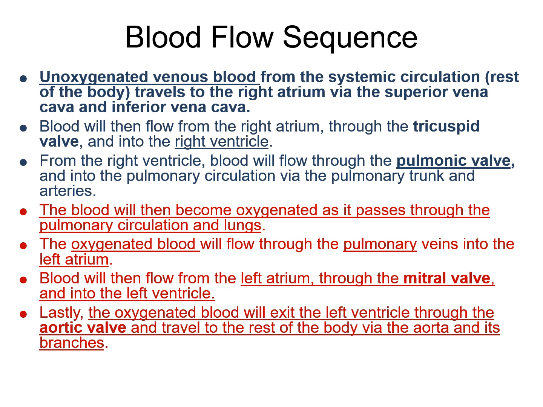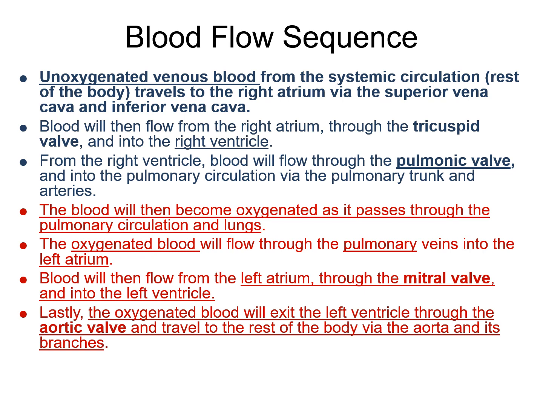The blood will flow from the right atrium through the tricuspid valve and into the right ventricle. From the right ventricle, the blood flows through the pulmonic valve, and that's where it goes into the pulmonary circulation, or the lungs, via the pulmonary trunk and the arteries.